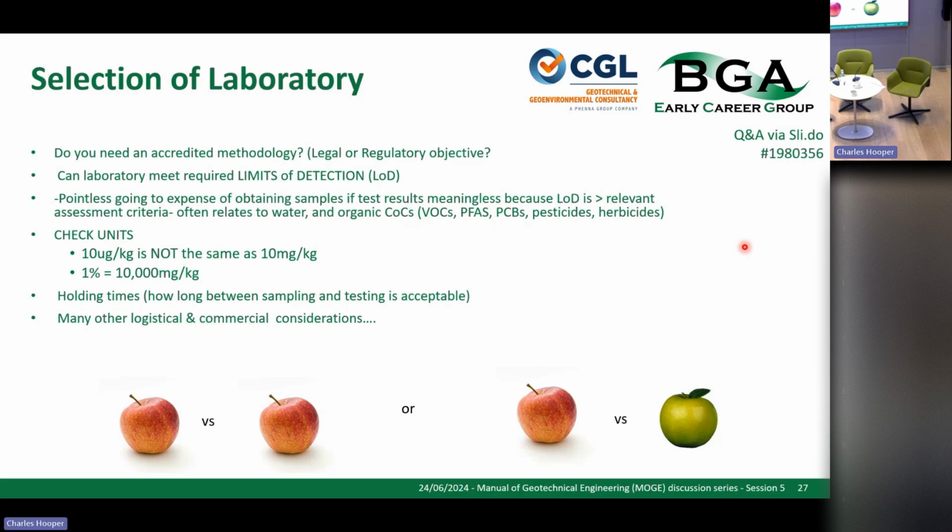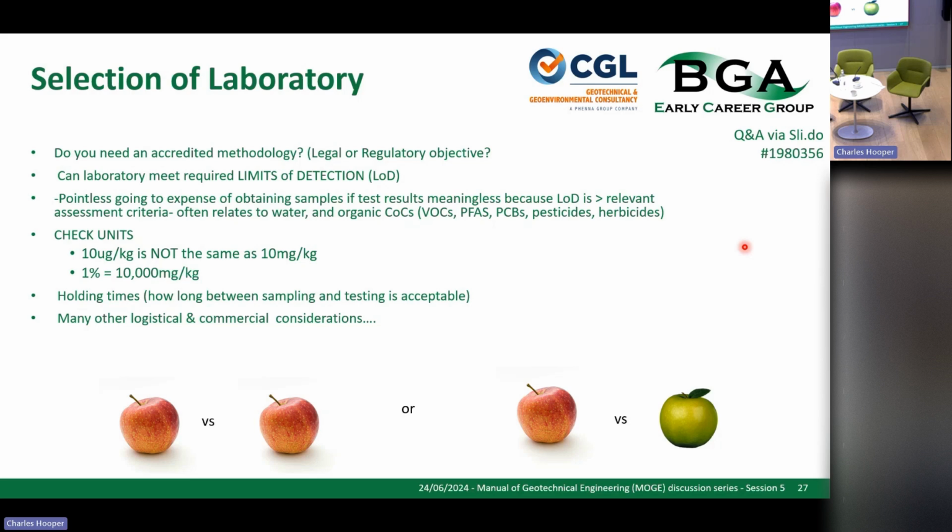Limits of detection, Fraser's mentioned, but again, you need to check that, because your limits of detection are not just a product of the lowest level that the machine can test to. It's also a function of the quality process and the statistics that go on behind the scenes according to the accreditation.